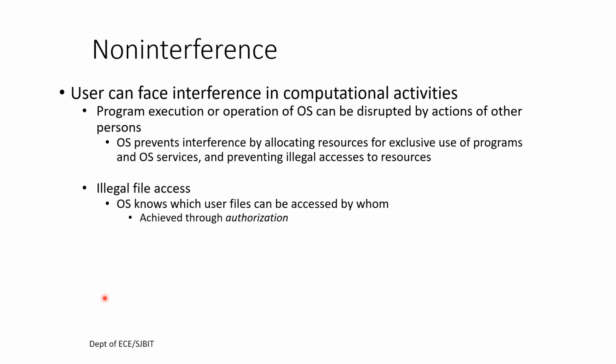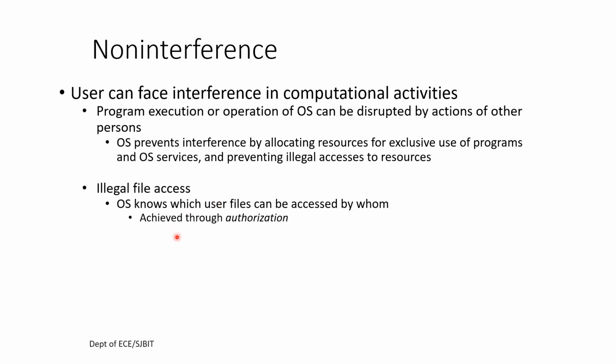The OS prevents interference by allocating resources for exclusive use of programs and OS services, and preventing illegal access to resources, such as illegal file access. Attempts by any other persons to access his file are illegal.